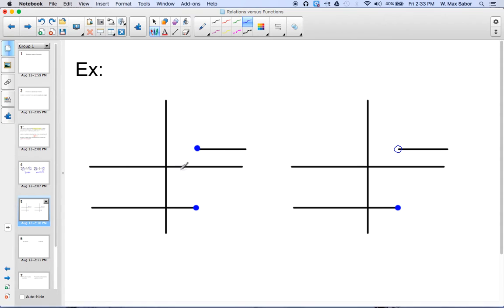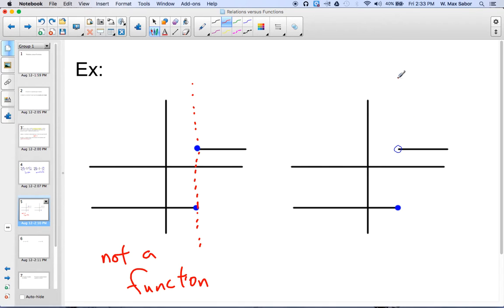Here we have it displayed graphically. And let's look at each of the x-coordinates. Most of the x-coordinates obviously have only one output, but here we have an x-coordinate with multiple outputs. So this is not a function.